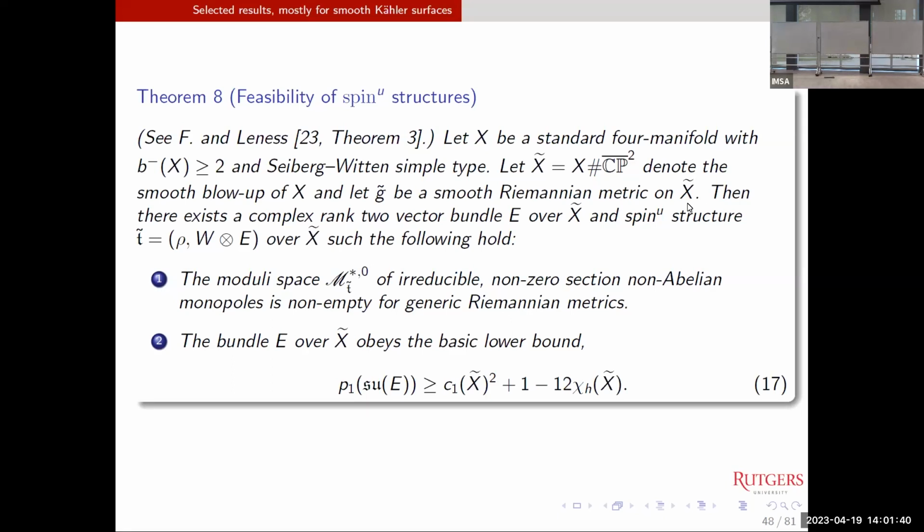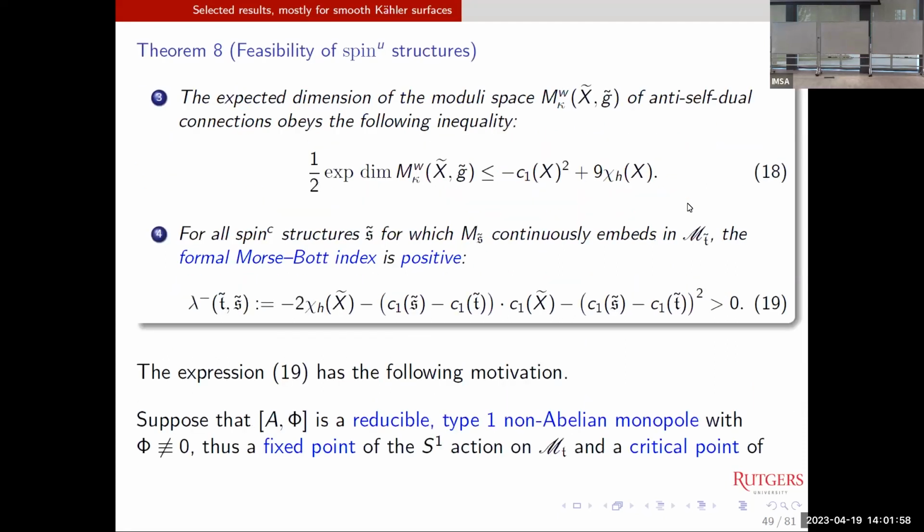If you have a four manifold with a simple type, then it's possible to construct a moduli space of molecules with the right properties for the bundle. And the expected dimension holds, and this version of the Morse index, we eventually show corresponds to the true Morse index.